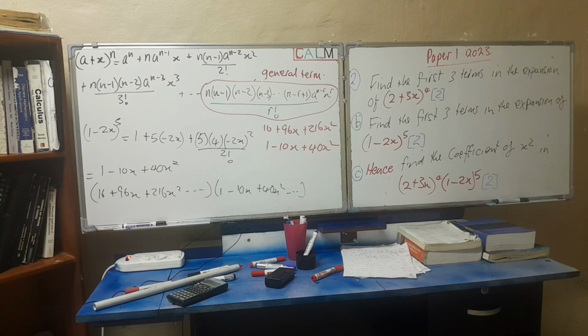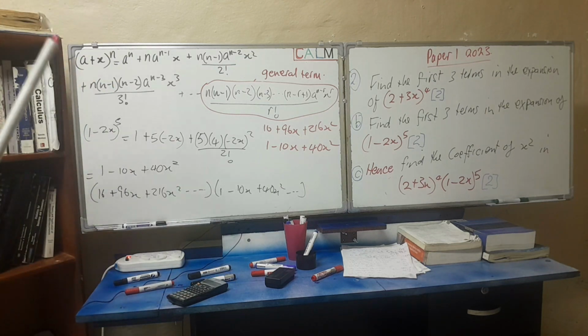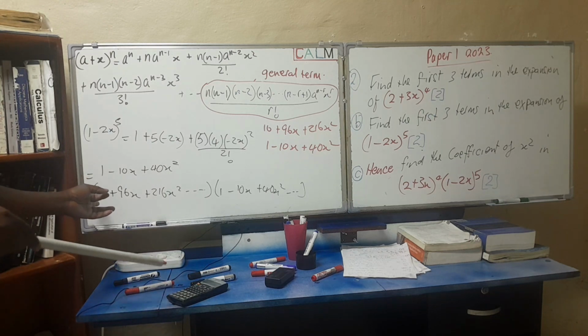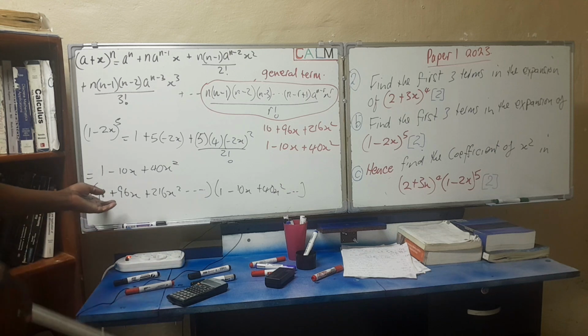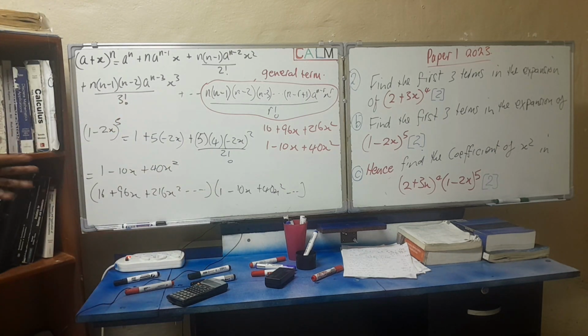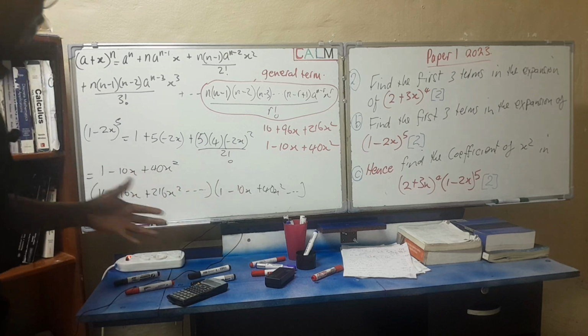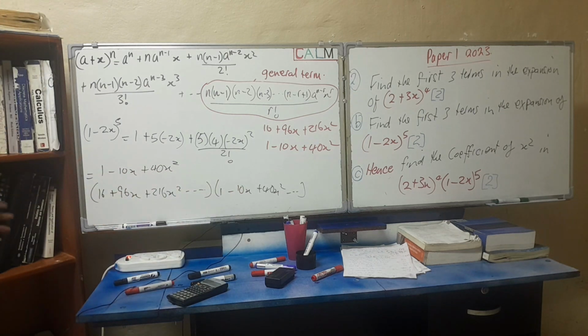Now, we want the coefficient of x squared. When I multiply this out, if I multiply 16 by a 1, it doesn't give me my x squared. So I'm not interested in that. If I multiply a 16 by a minus 10x, it gives me 160x. I'm not interested in that. It's not x squared.